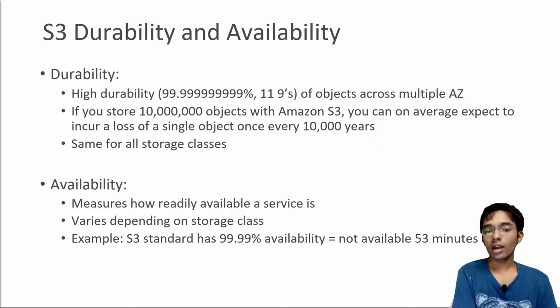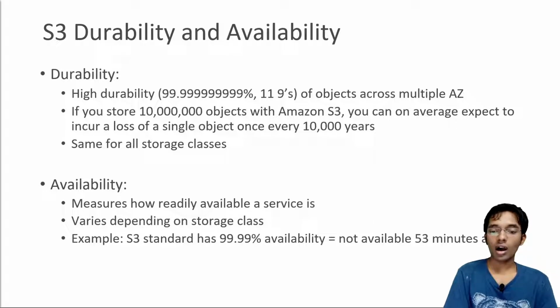That means that on average, if you store 10 million objects on Amazon S3, you can expect to lose a single object once every 10,000 years. So it's quite durable. Over 10,000 years, you can expect to lose one object from the 10 million objects with the 11 nines of durability. And the durability is the same for all storage classes in Amazon S3.